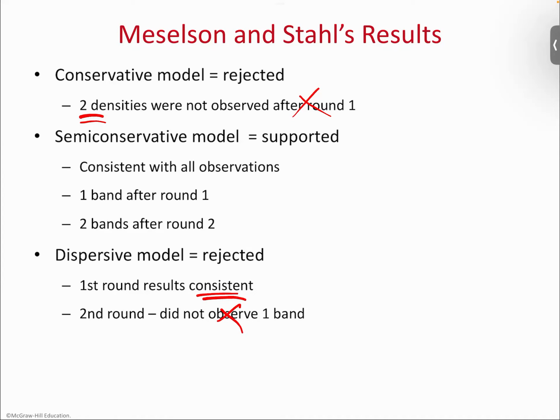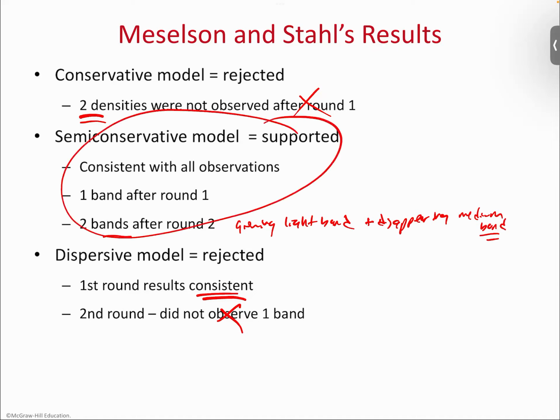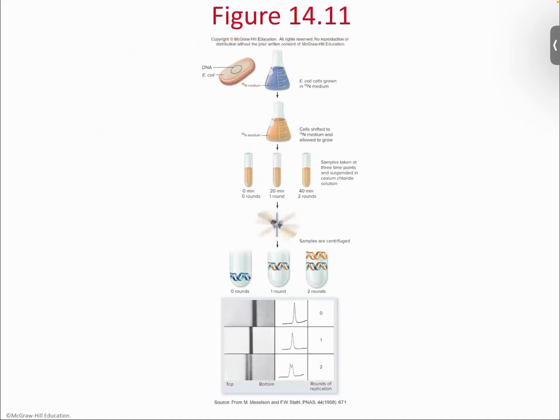And so that's not what you saw. You saw actually two bands. Why? Because the two bands were the growing light band, that's the second band, plus the disappearing medium band. So all their observations were consistent with semi-conservative. That's kind of what it looked like.